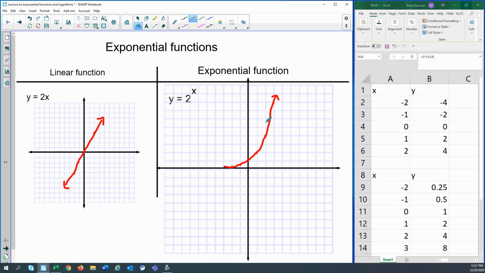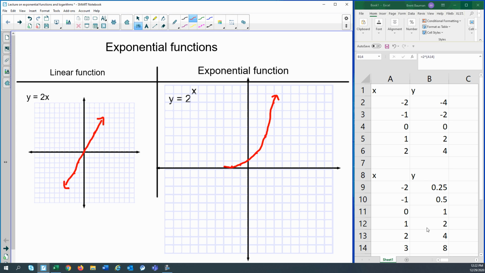So you may have heard of exponential growth or exponential decay. So that's what's happening here. It's exponentially increasing. We're working with a 2 to the x here, so it's increasing at a faster rate than just your linear equation.